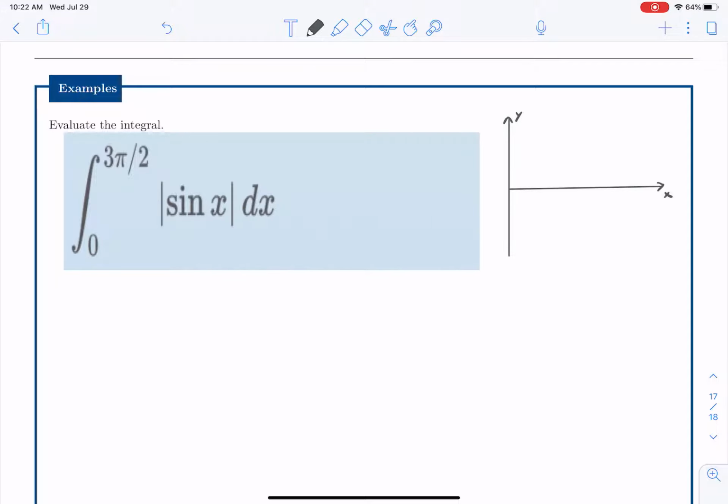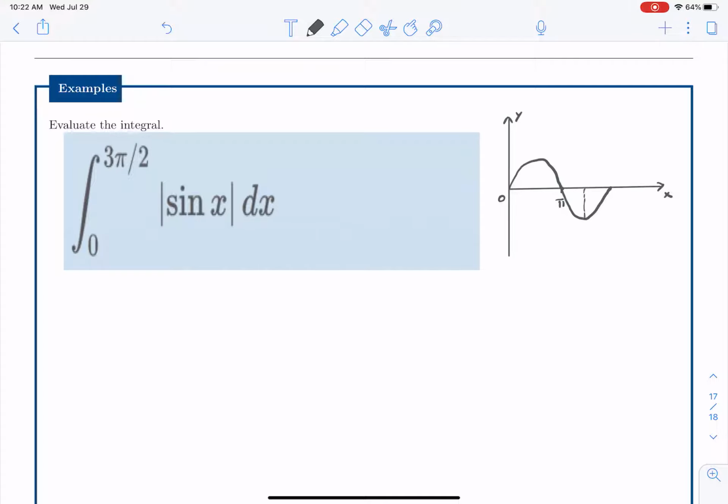Going to explain the area concept again. So we know the sine function goes from 0 to pi, like so, and then pi to 2 pi, in that manner.